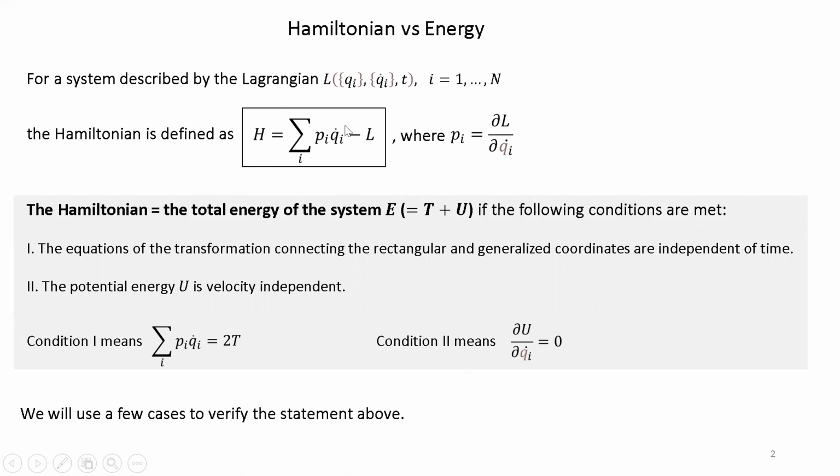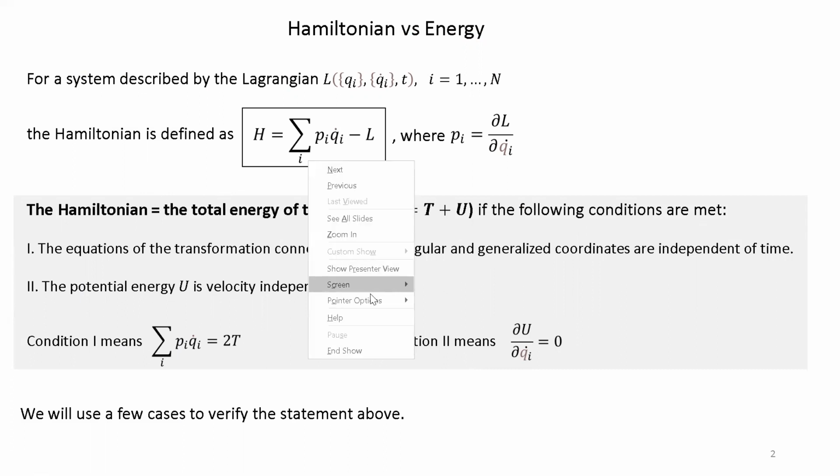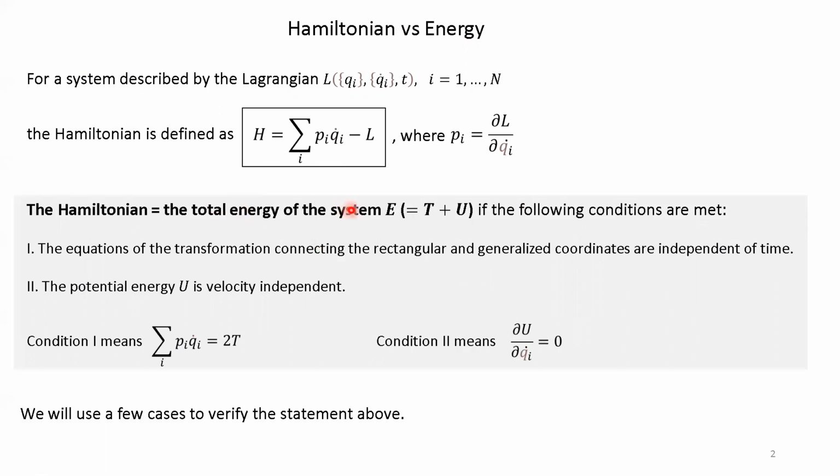We'll see that the Hamiltonian will be equal to the total energy of the system, potential energy plus kinetic energy, if the following conditions are satisfied. Let me go to the second one first, because the second one is something that you don't need to worry about really, at least in this chapter: the potential energy U is velocity independent.